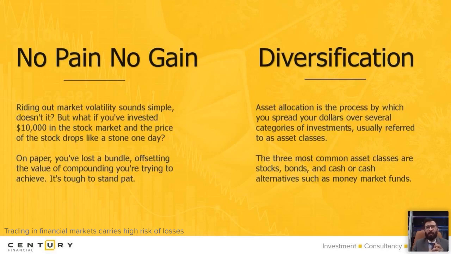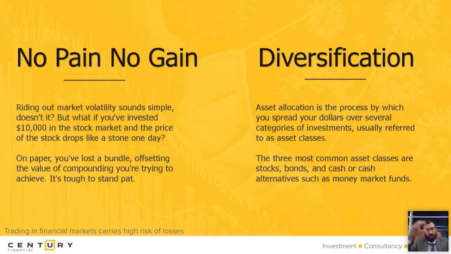Now, this is a very important point. Please note this down because we are living this example right now. If you had invested $10,000 in stocks and the price of stocks dropped like a stone, which we saw during the pandemic, and I'll share the graphs with you on the live platform, stocks just crashed around February and March.